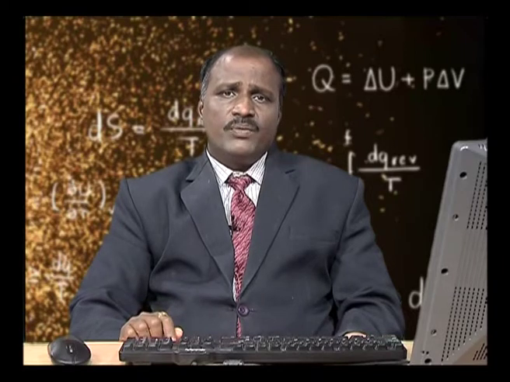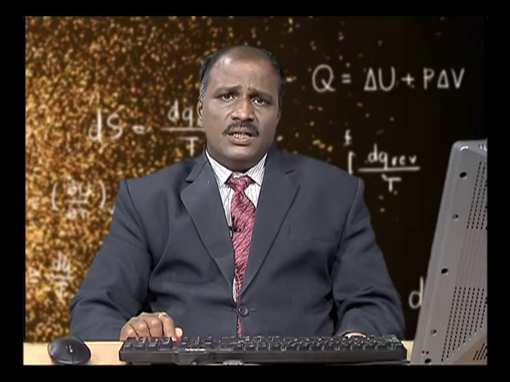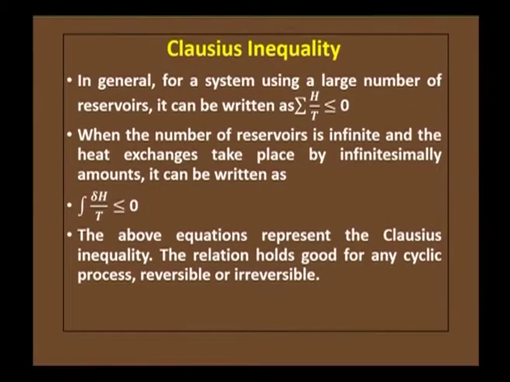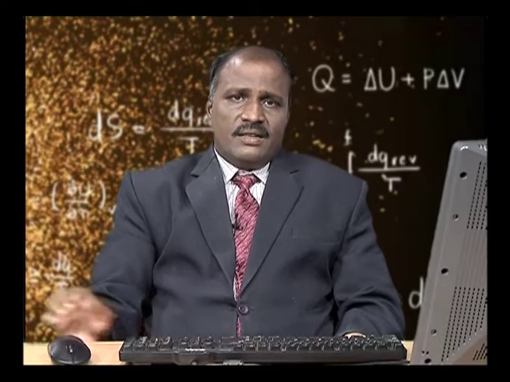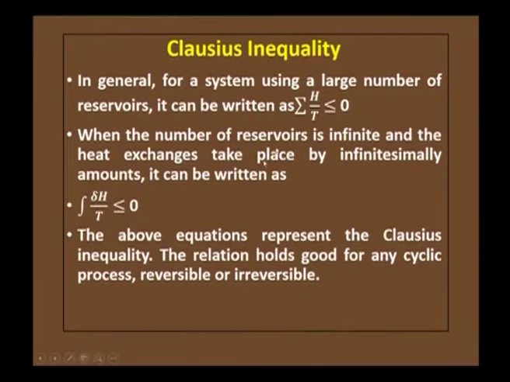In general, for a system using a large number of reservoirs, it can be written as sigma of H by T is less than or equal to 0. When the number of reservoirs is infinite and the heat exchanges take place by infinitesimal amounts, it can be written as integral of delta H by T is less than or equal to 0.